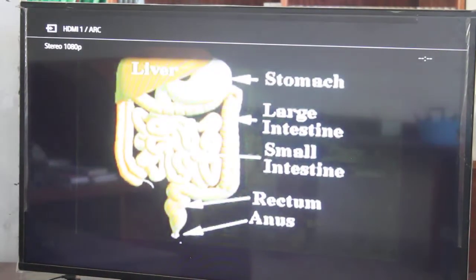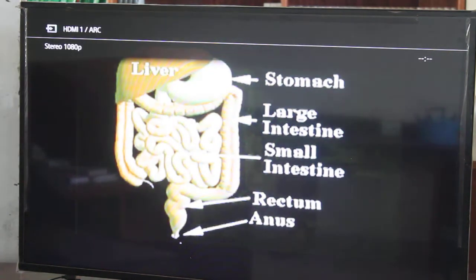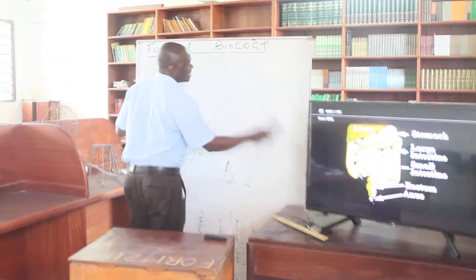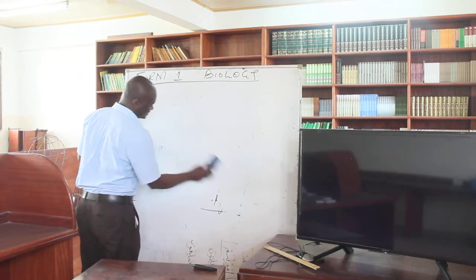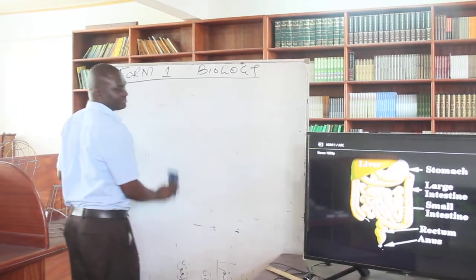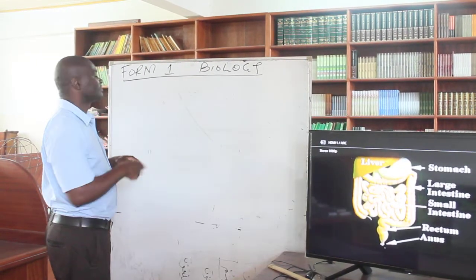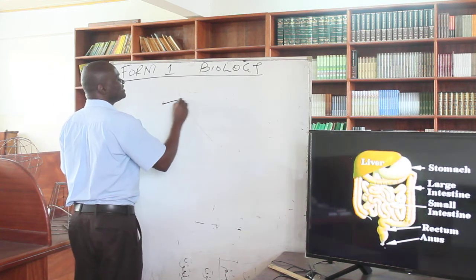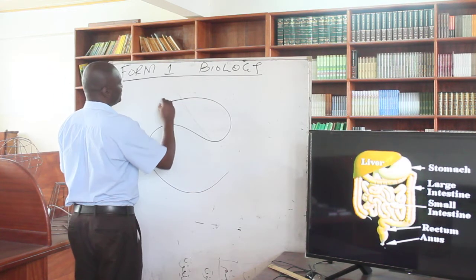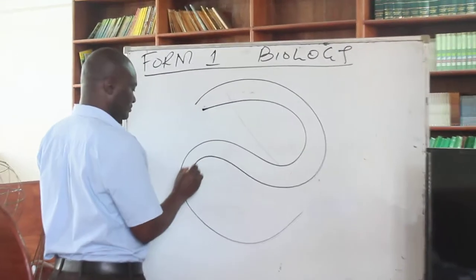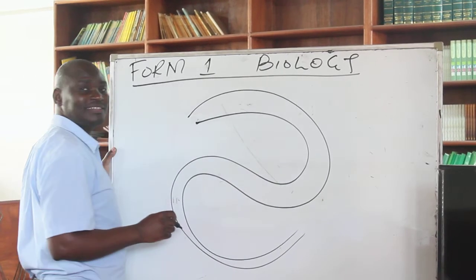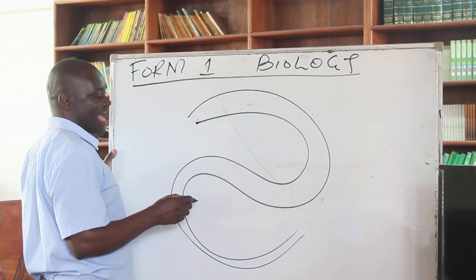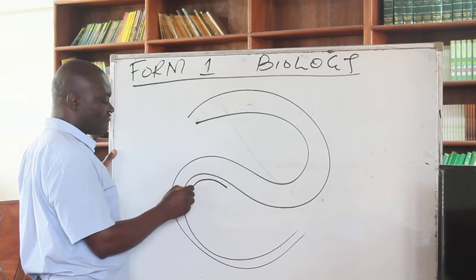So we have a large quantity of food materials in the small intestine. Now, the walls of the small intestine have a rich supply of blood.